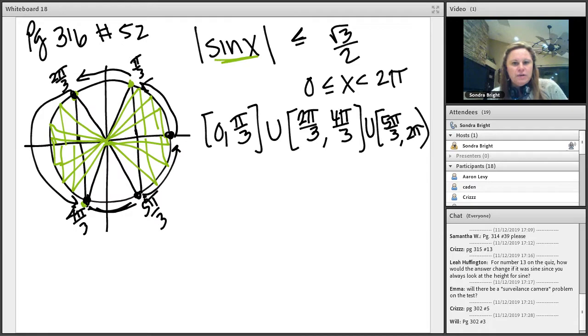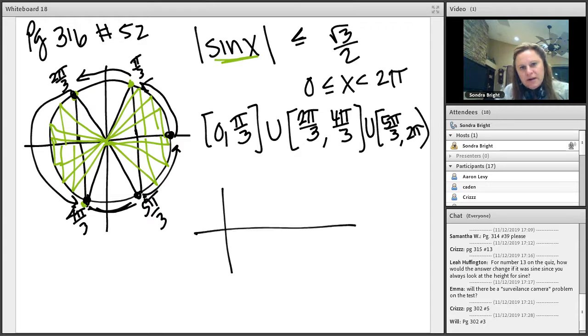If you were to do it using the graphs instead of the unit circle, the sine graph looks like this, right? But then absolute value of sine turns that part that is underneath the x-axis to above.